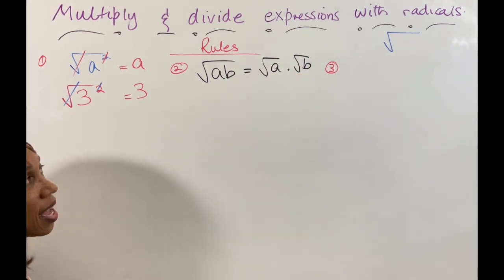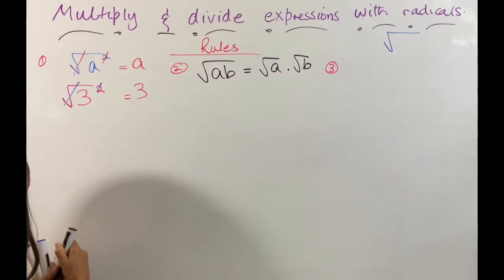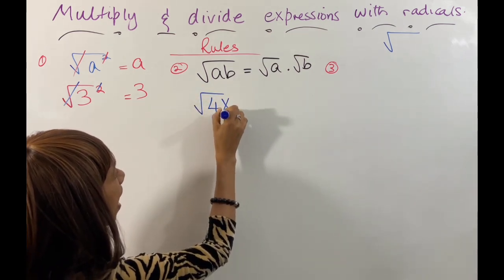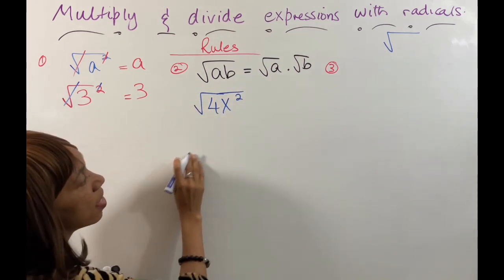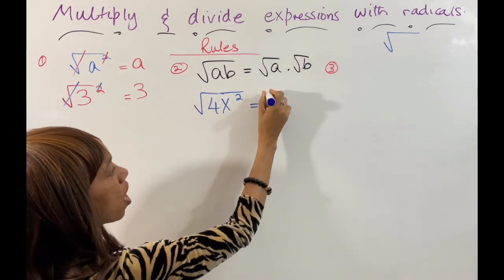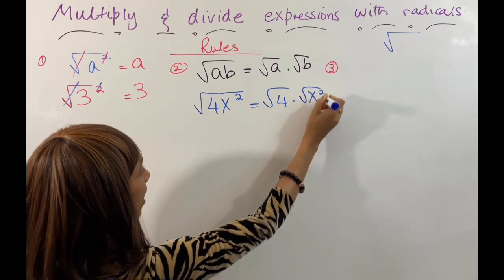And I'm going to give you a prime example. Prime example is the expression square root of 4x to the second power. Now we know that the square root of 4, we have to break it down, and then we have to find the square root of x to the second power.